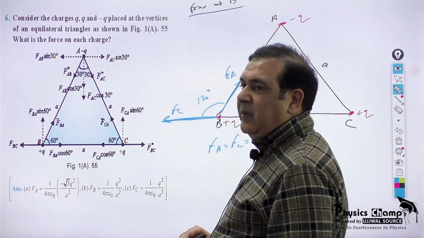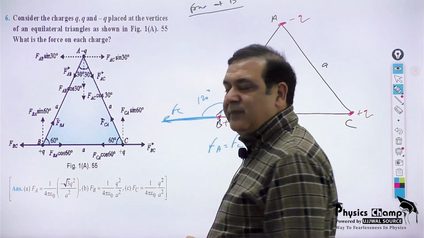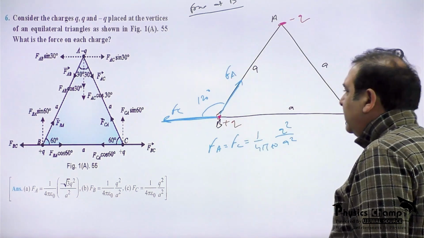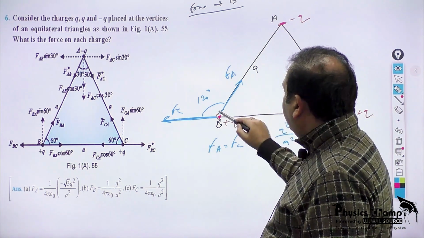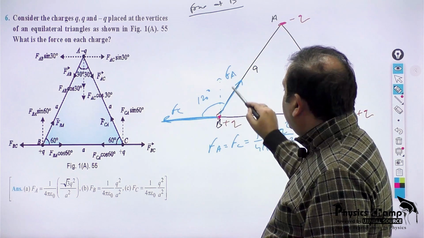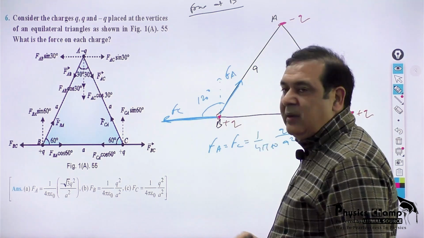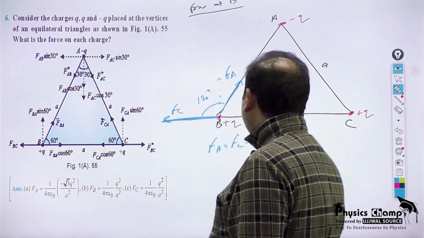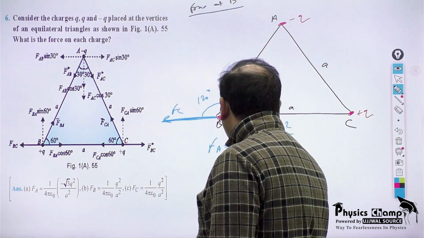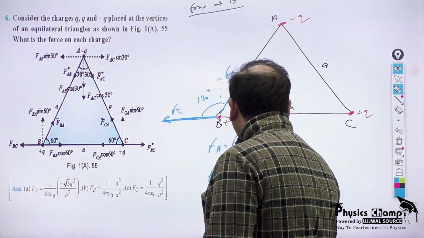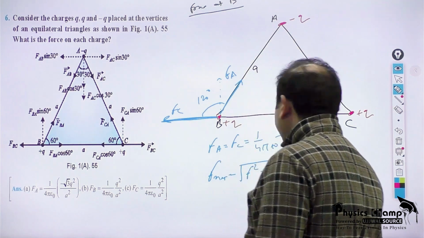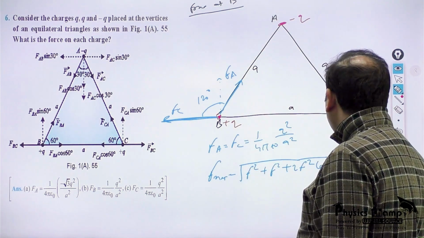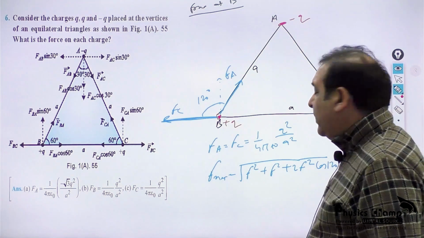But when we are looking for the net force, either we go by components, we can make components of FA as FA cos 30, and here will be FA sin 30. Or I can say net force is root of F square plus F square plus 2F square cos 120, and cos 120 is minus half.